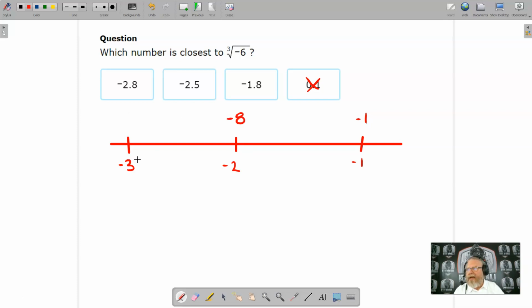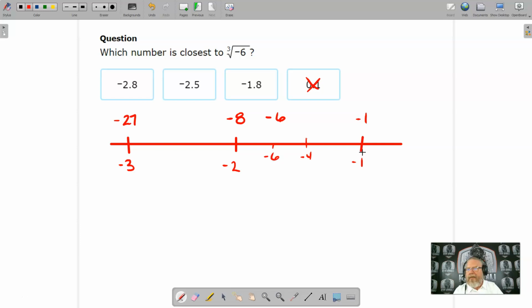And negative 3 times itself three times produces negative 27. Well, we're looking for negative 6, some number times itself 3 times. So negative 6 is going to fall right about here.